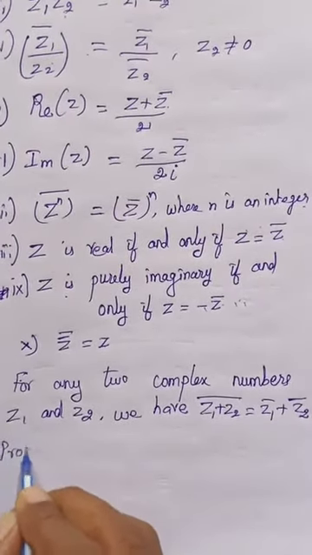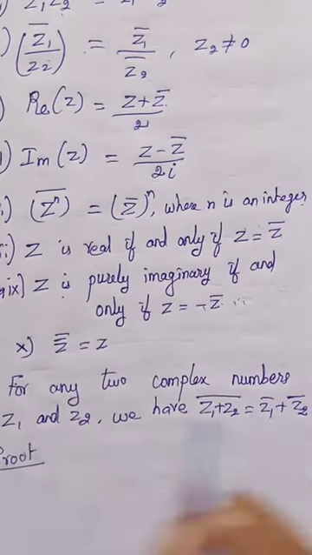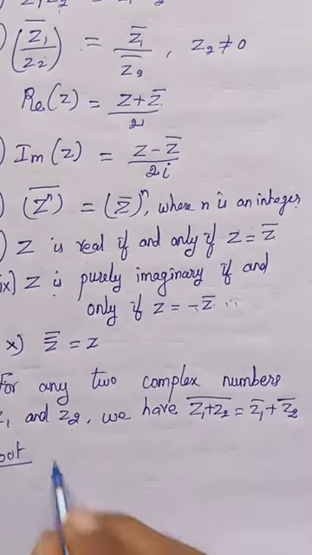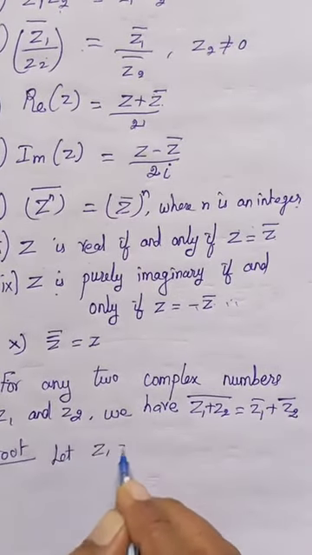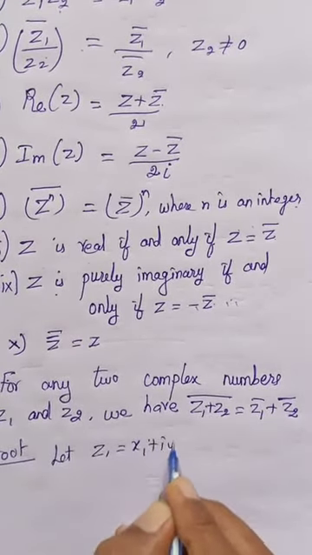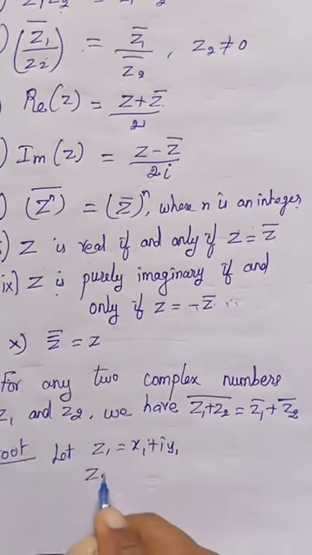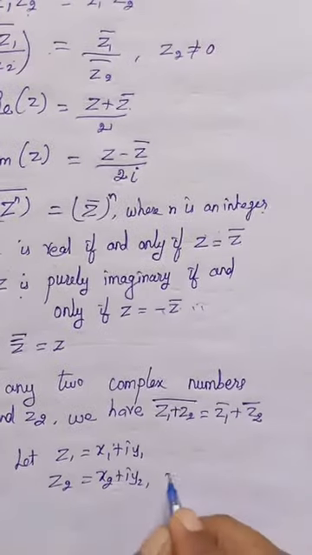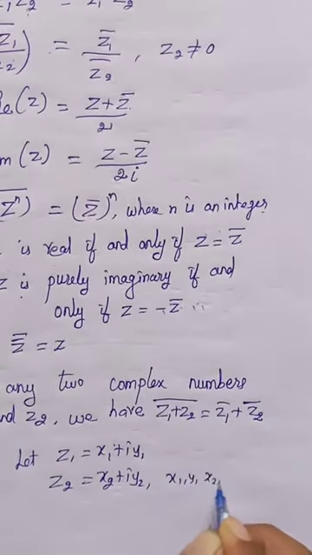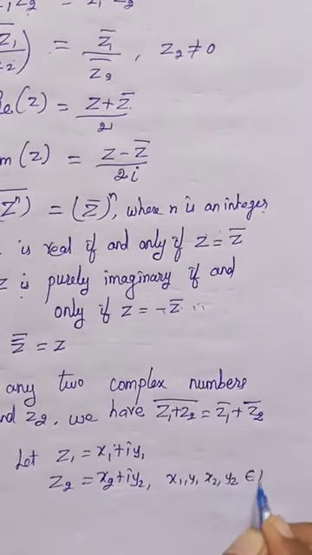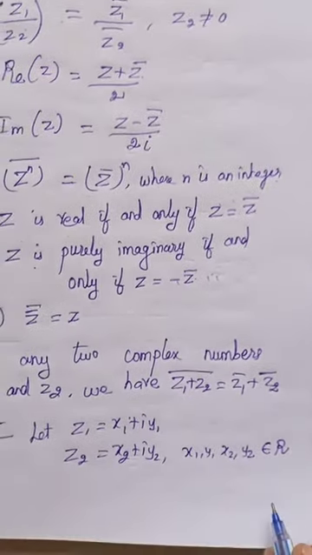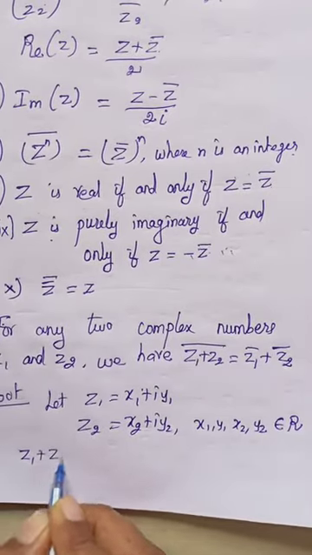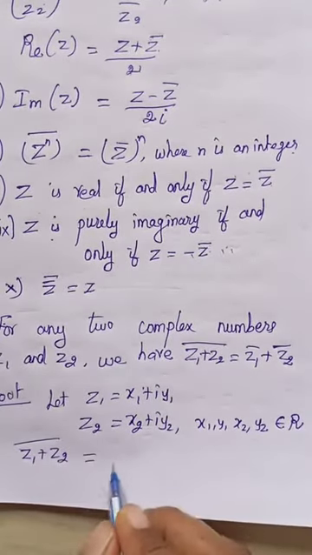So this is the first one. For any two complex numbers Z1 and Z2 we have, let Z1 equal x1 plus iy1 and Z2 equal x2 plus iy2, where x1, y1, x2, y2 all belong to real numbers. Now shall we find Z1 plus Z2 the whole bar?